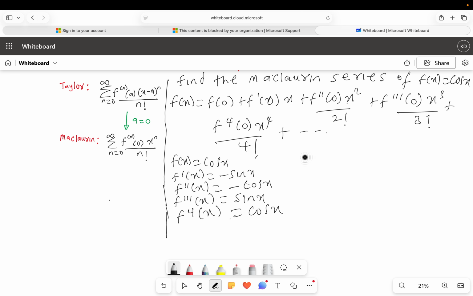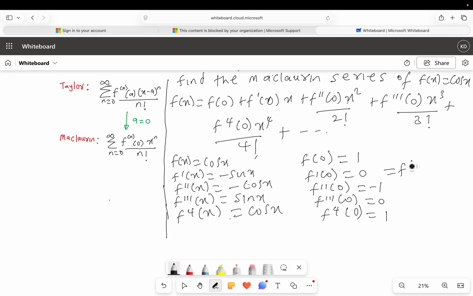I just need to find the f of 0 since I am dealing with Maclaurin series. So cos 0 is just 1, then f prime of 0 is 0, f prime prime of 0 is minus 1, f third derivative of 0 is 0, then f4 of 0 is 1. This will be equal to f of 5, 6, 7, 8, because it repeats itself.